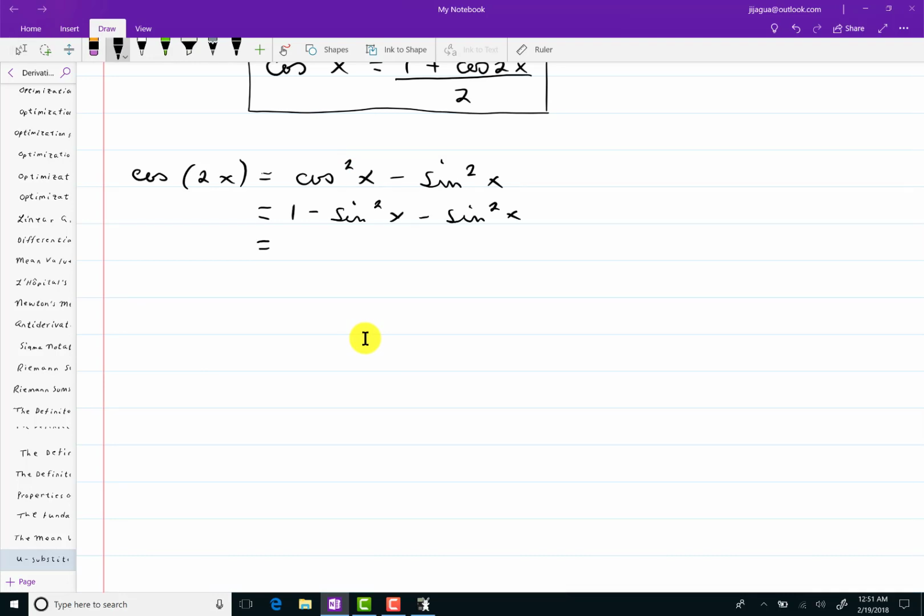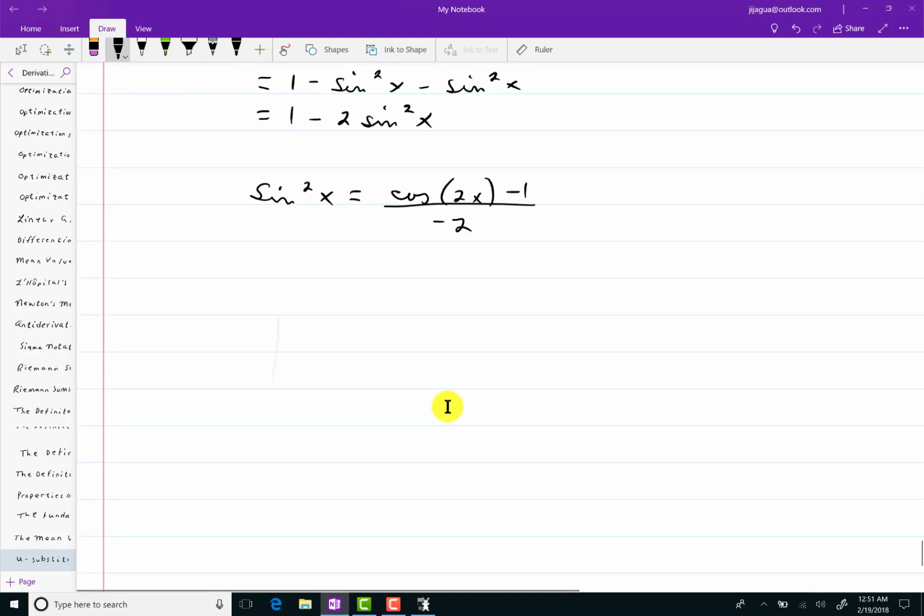And I end up with 1 minus 2 sine squared of x. What I want to do then is solve for sine squared, so I'm going to subtract 1 and then divide by negative 2. So I'll get cosine of 2x minus 1, and then I'll divide by negative 2.